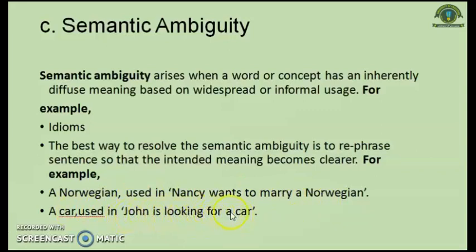So John is looking for a certain car. So this is the way to resolve the semantic ambiguity. In the example Nancy wants to marry a Norwegian, it depends on whether the speaker has in mind a particular person whom Nancy wants to marry.